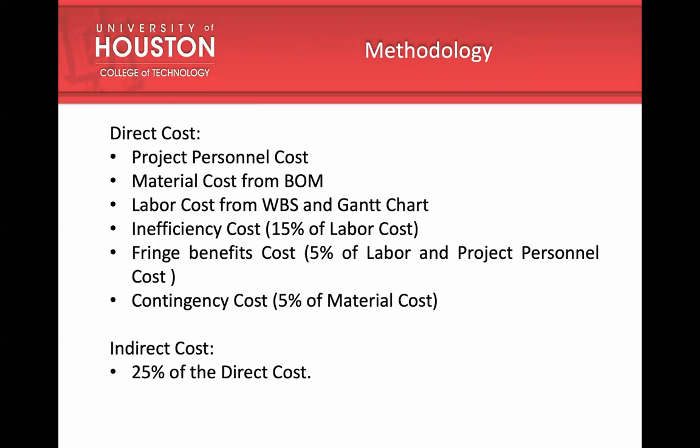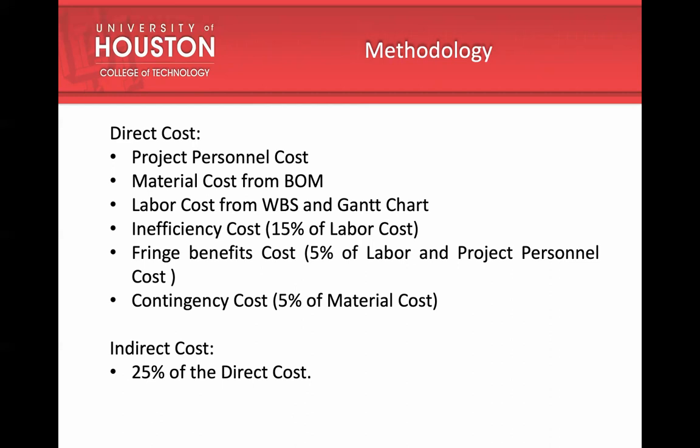Inefficiency cost: as a worker cannot work continuously, 15% of the labor cost is taken into consideration to account for time lost in lunch breaks and tea breaks of the worker. Fringe benefits cost is 5% of the labor and project personnel cost, and these costs are used to keep workers motivated and to have work satisfaction.